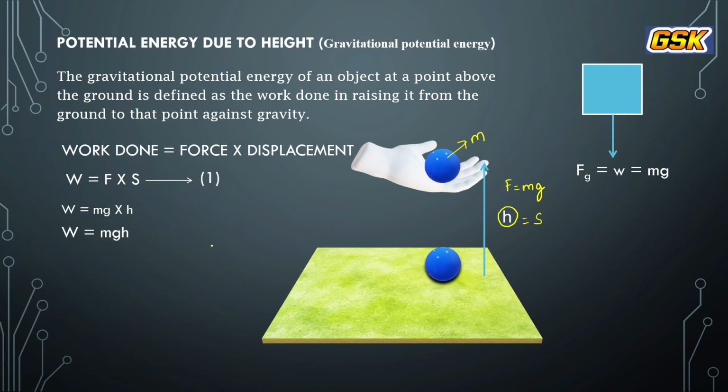This work done is stored as potential energy in this object, and the potential energy of the object is equal to mgh, where m is mass, g is acceleration due to gravity, and h is height from the ground.